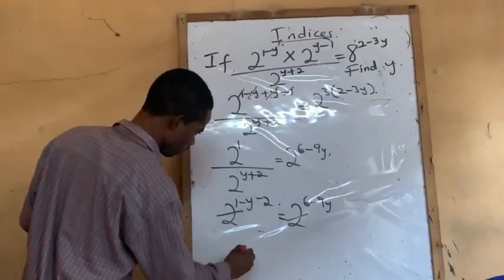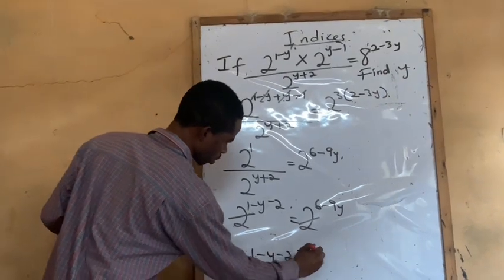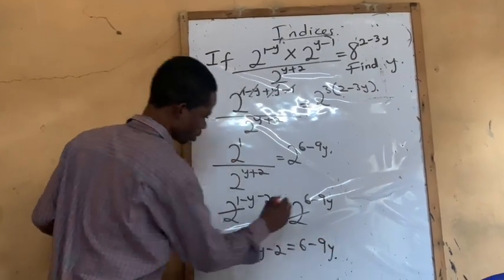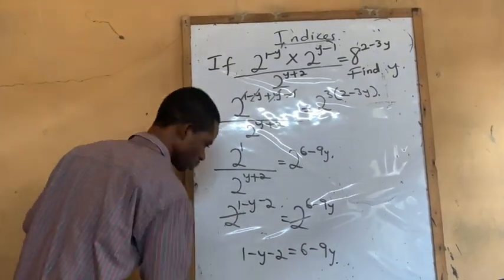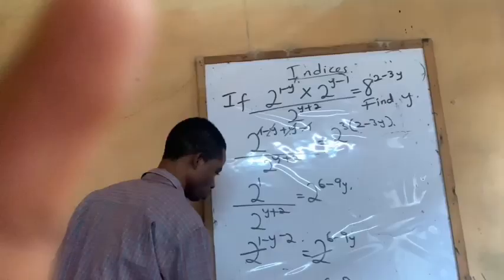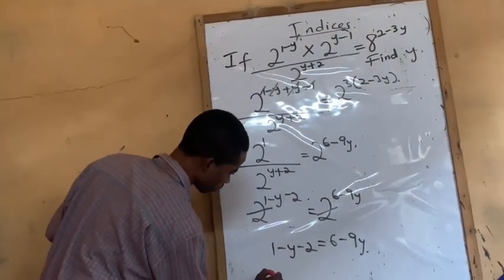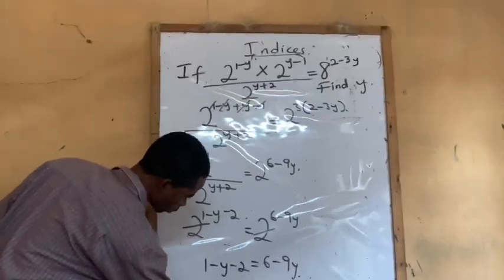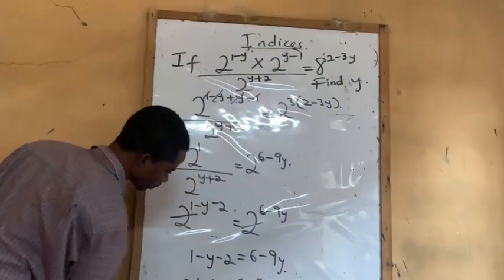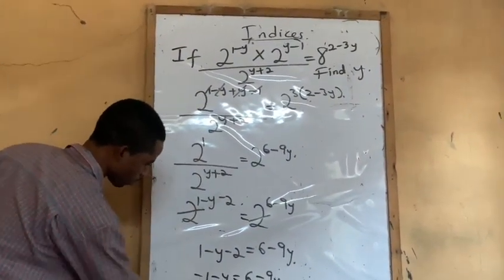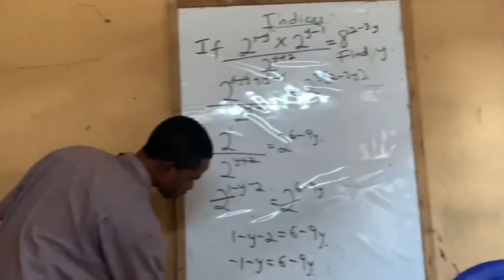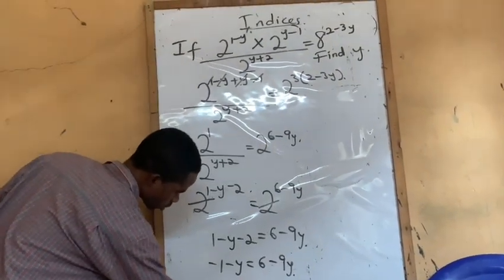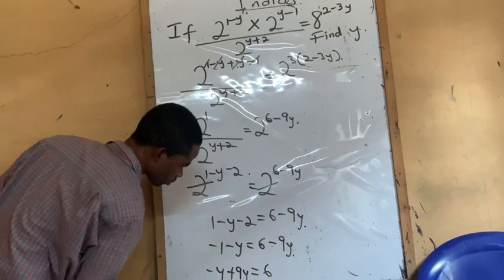We have 1 minus y minus 2 equals 6 minus 9y. So if I collect like terms, 1 minus 2 is minus 1, minus y equals 6 minus 9y.